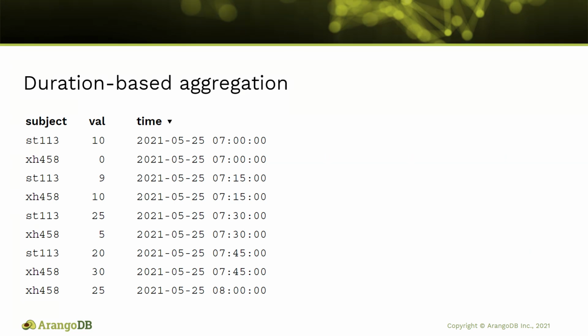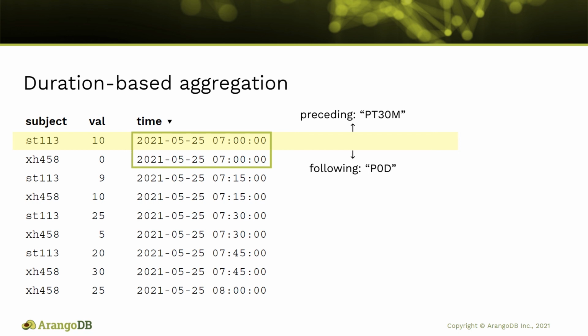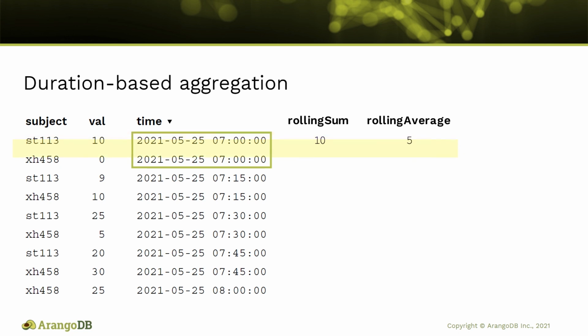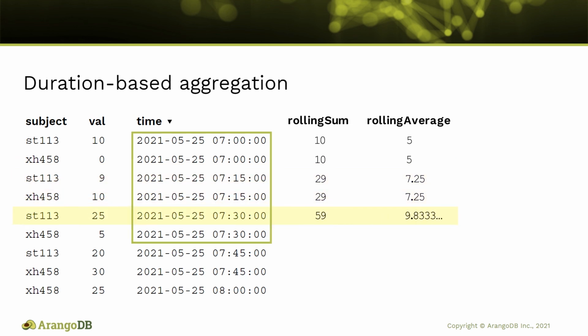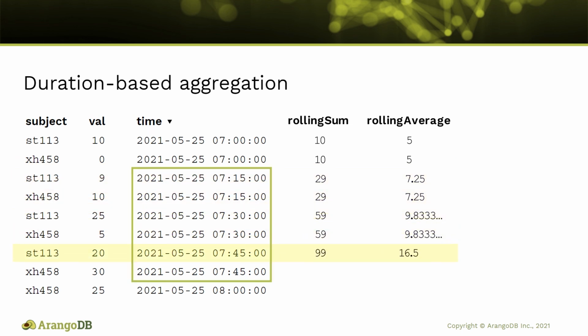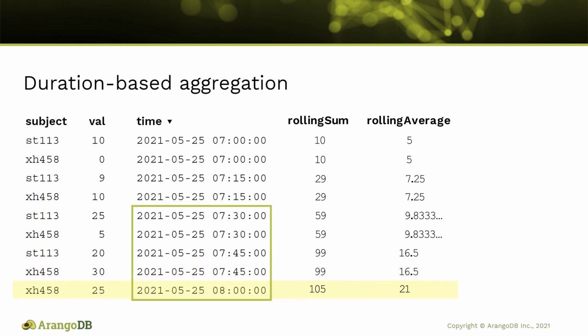For this example, we will use a window of the preceding 30 minutes, and we will leave out following, meaning an empty interval. In case of 7 o'clock, that means everything from 6:30 to 7 o'clock, which includes the first 2 rows. And then as we approach the third row, the window changes to 6:45 to 7:15, and we continue to aggregate the values, and this is the final result.